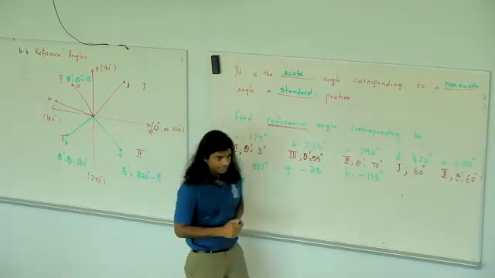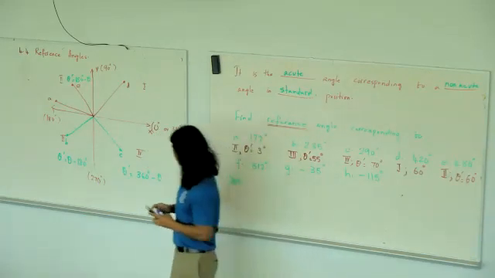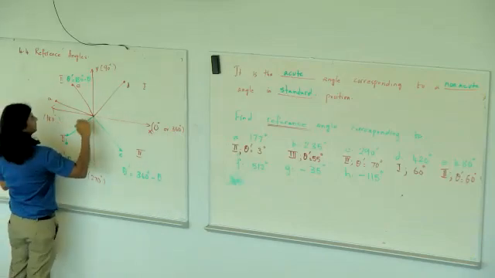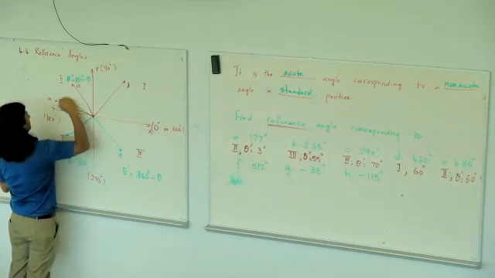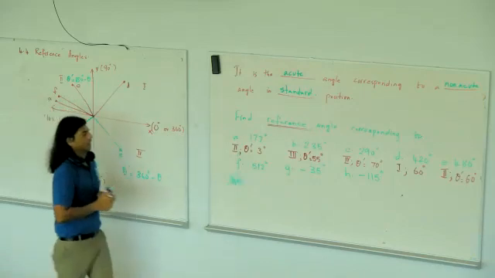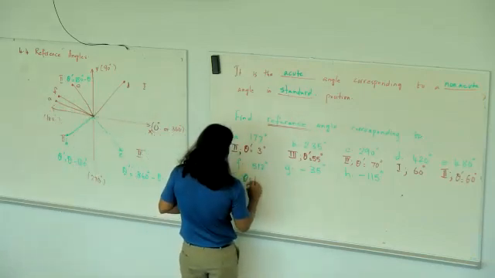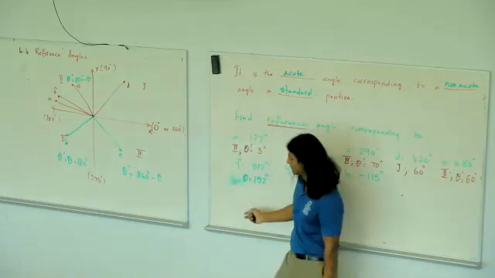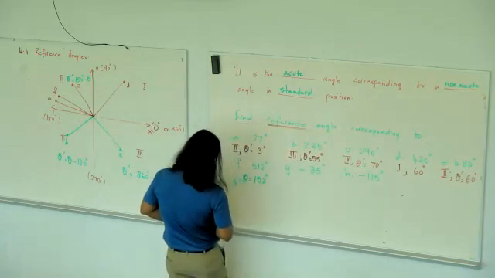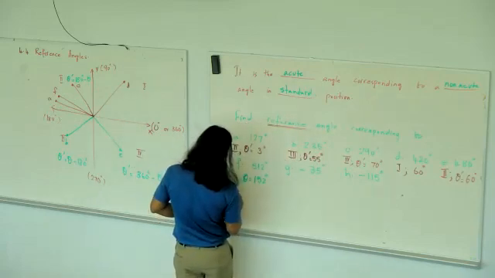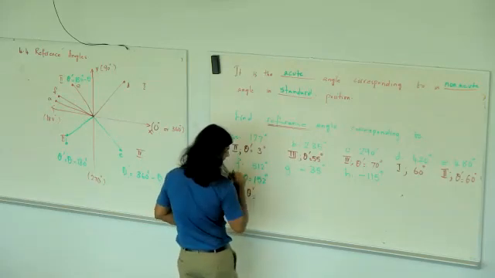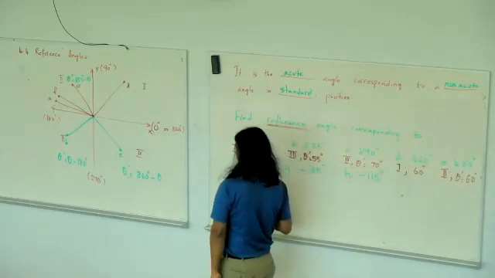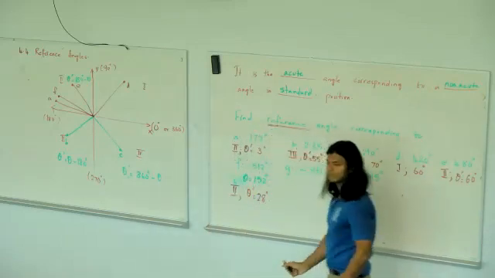Which quadrant does it lie in? Second. After a revolution, it comes to 152, and in the second quadrant, theta prime is 180 minus 152, which is 28. Good.